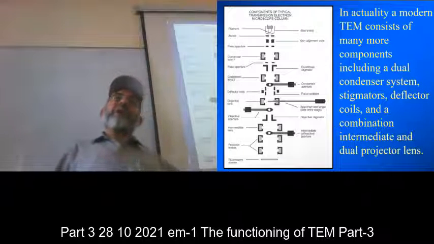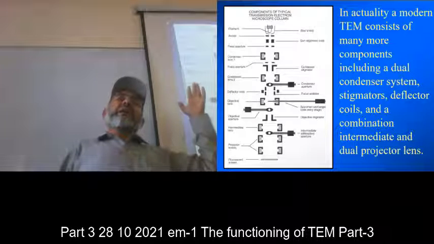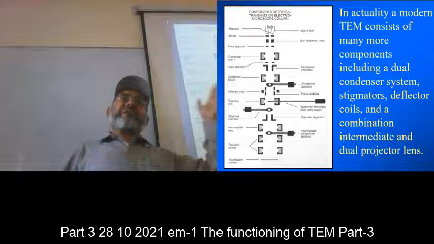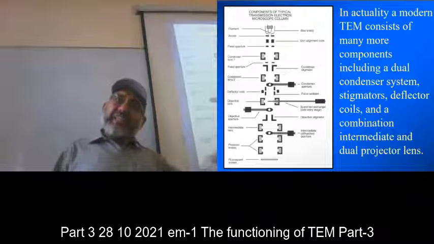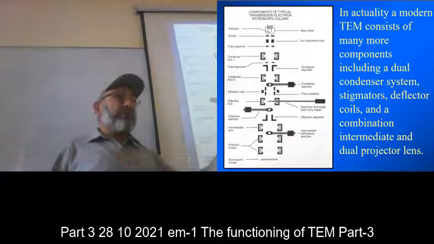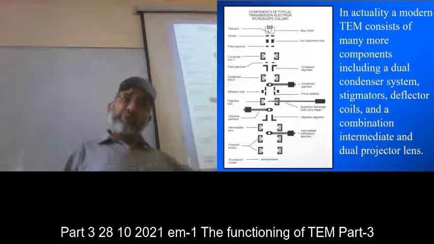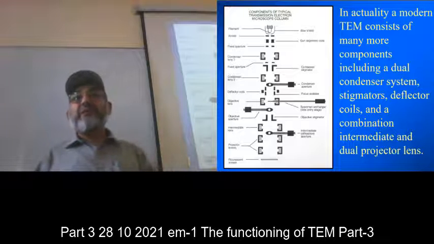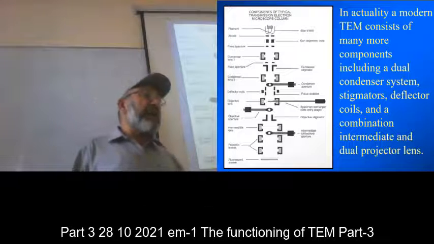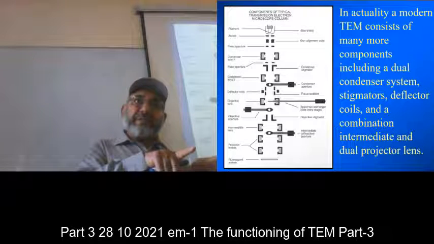But when you are interested in looking into atomic spacings and dislocations in the planes, when you are talking of crystal defects, then you need something which can show you directly the spaces between the atomic planes.